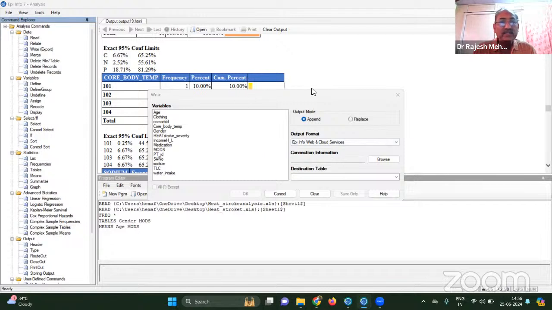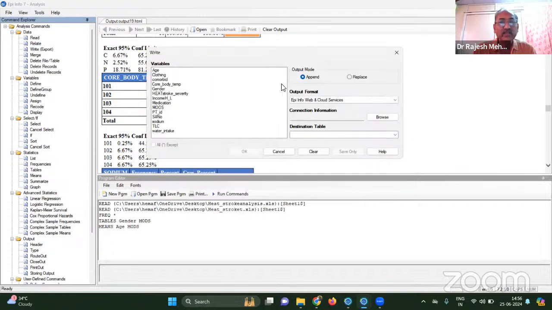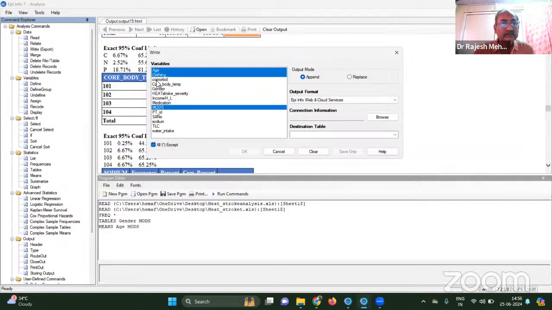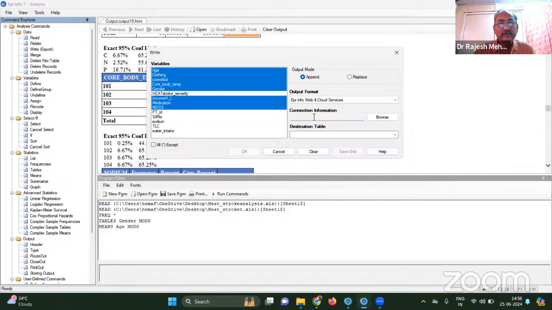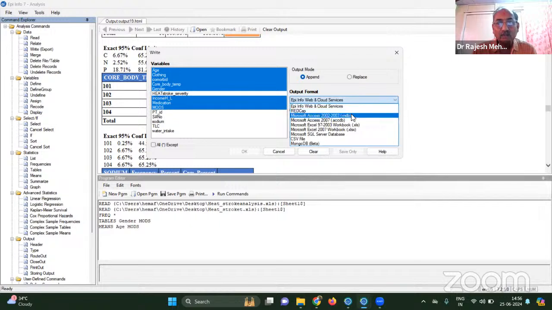Once you use this export command, whatever data you want to export, you can do. Output format, you can find Excel.